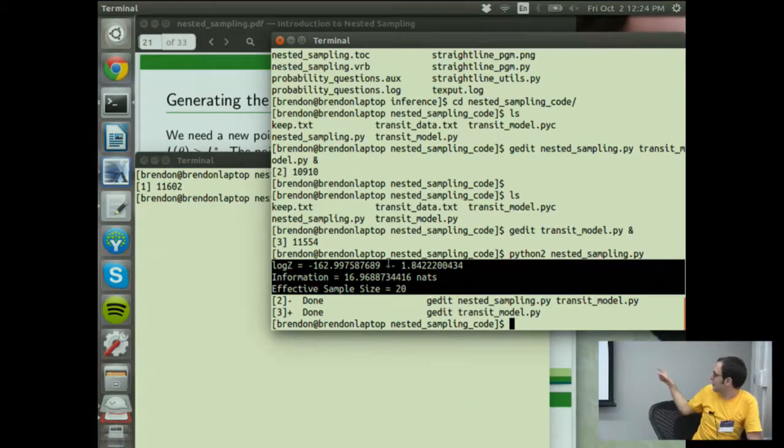One thing that's a bit annoying about the information that you get out of nested sampling is that this measures how much information you learned about all the parameters that you had, not just the interesting ones. So if you have some nuisance parameters, this also includes how much was learned about nuisance parameters.